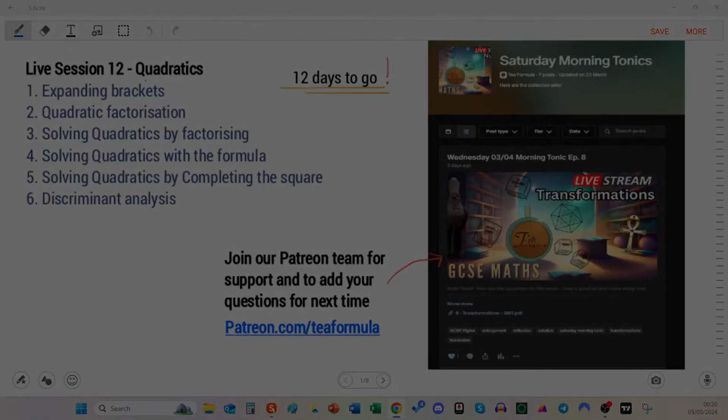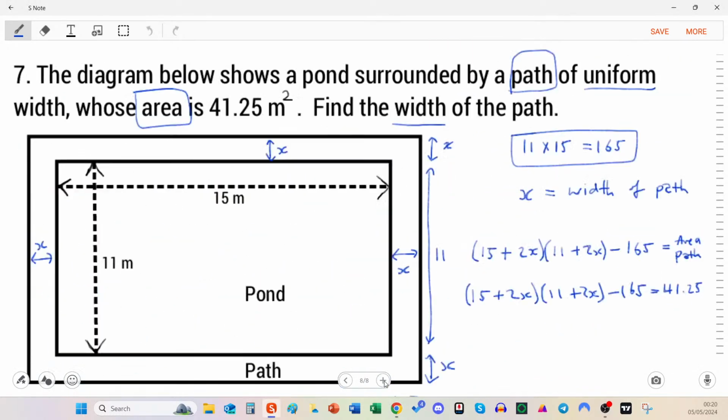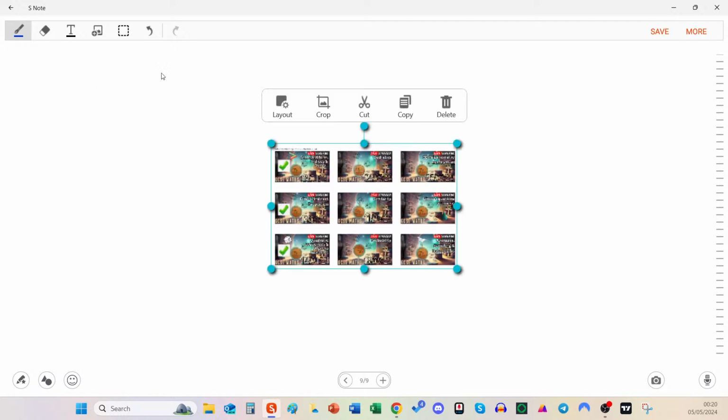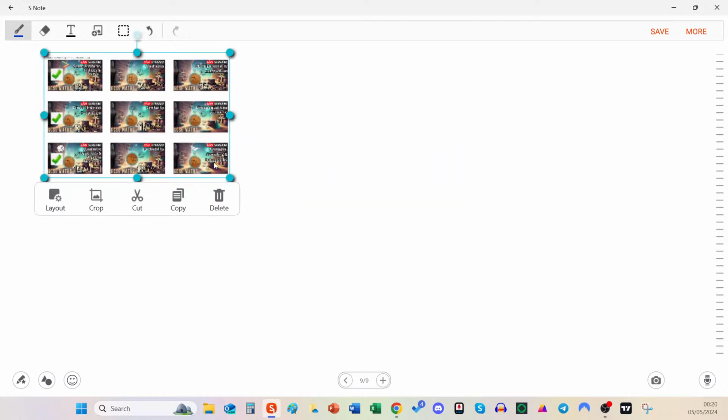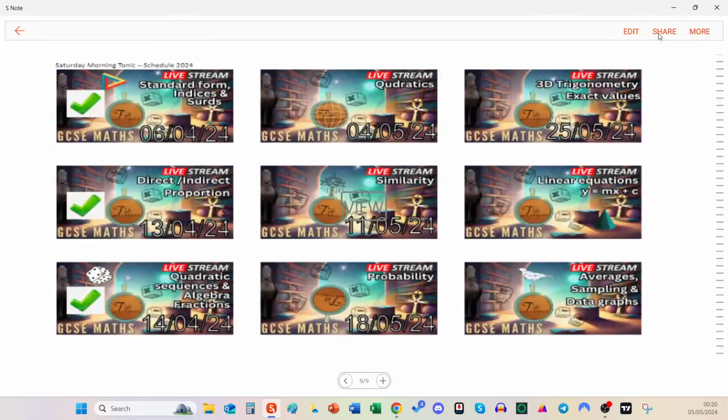Let's go to a blank page. So obviously this is going to need updating. But I just did quadratics, so that's going to get a big tick. And I did plan for similarity to be next, but probability is a big topic too.